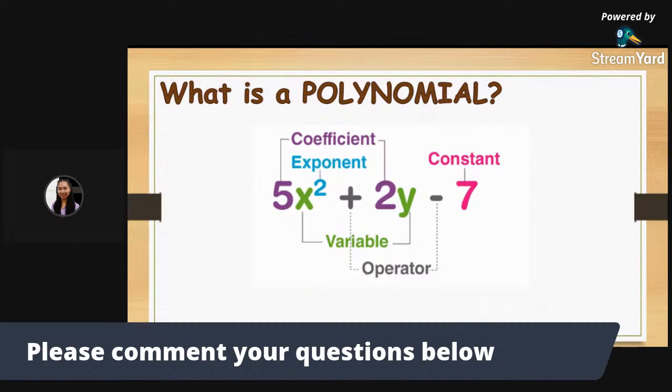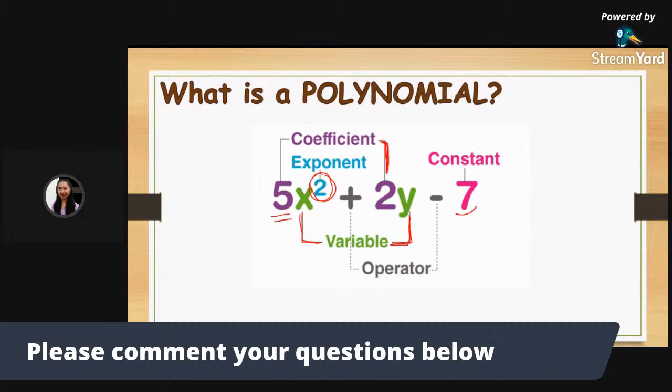Okay, so we have here an example of a polynomial. 5 is the coefficient, and this 2 is the exponent. X is referred as the variable, and also your y is referred as the variable, and 2 is your coefficient.